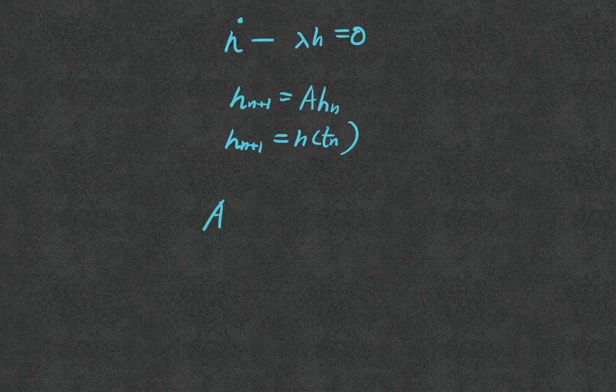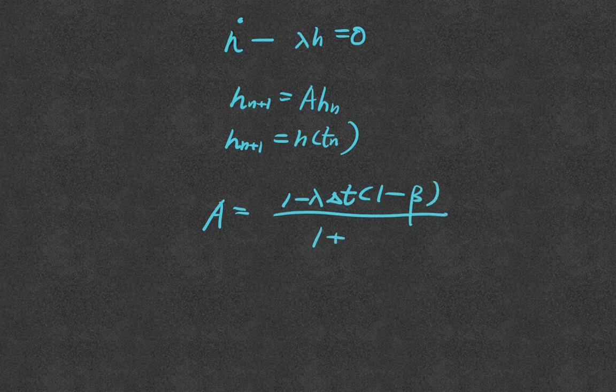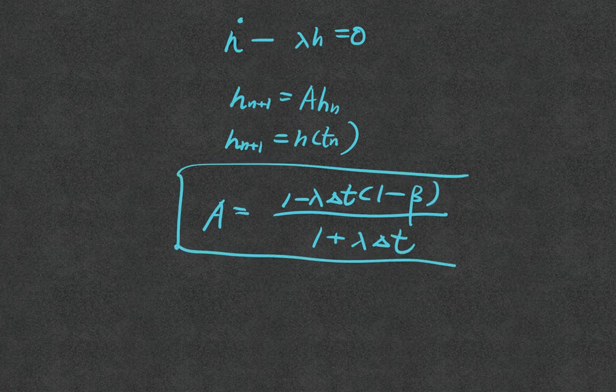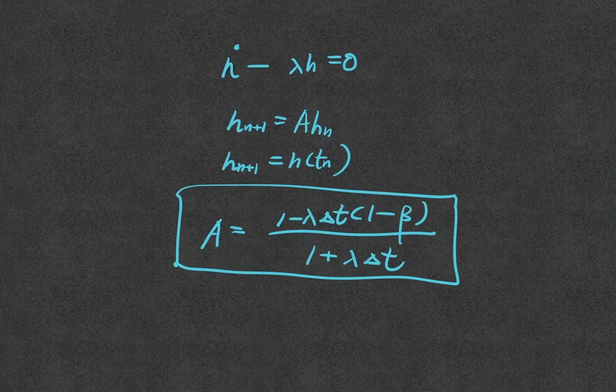A equals (1 minus lambda delta t (1 minus beta)) divided by (1 plus beta lambda delta t). We also talked about the stability of this algorithm.